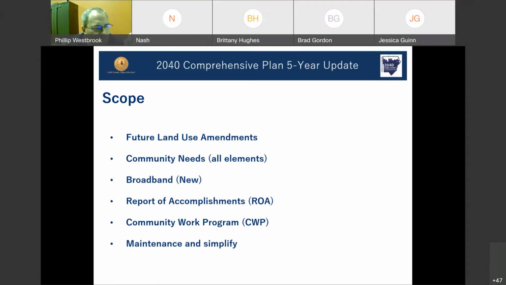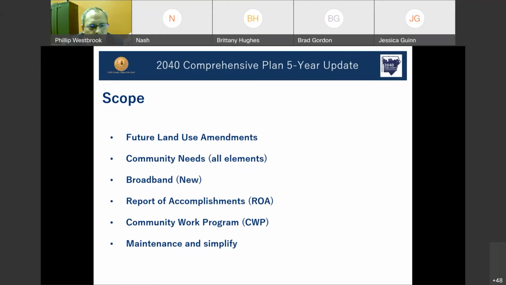And then something new that we have to add into our plan is a broadband element. This is part of Georgia's broadband initiative designed to promote broadband infrastructure across all parts of Georgia. The primary purpose for this is for information and economic growth.